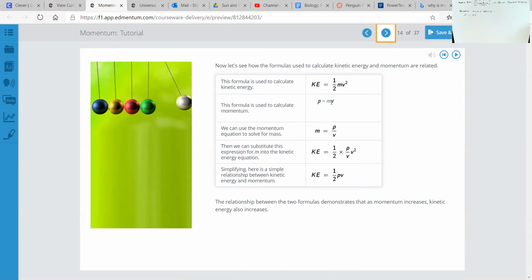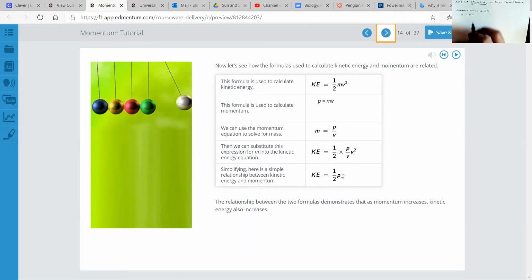And we know that momentum equals the mass times velocity of an object. And then you can rearrange this second momentum equation into m equals the momentum divided by velocity. Then you will take the first equation and substitute this for m in that equation. And if you do that, you get a new relationship between the kinetic energy of an object and the momentum and velocity.